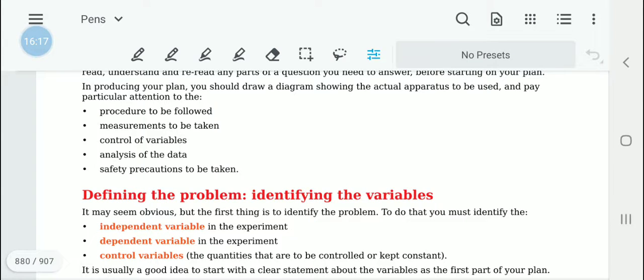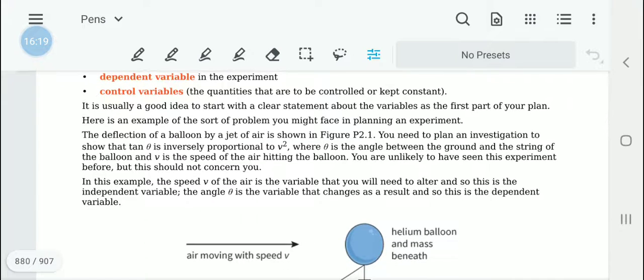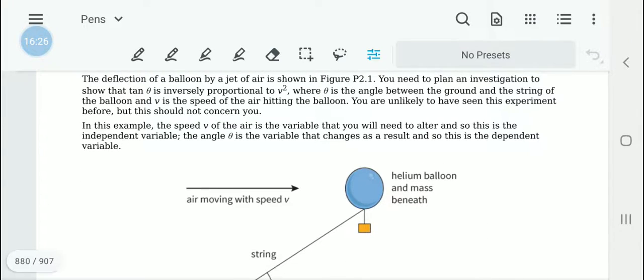Number 5, safety precautions to be taken. Leave a line and write, when the deflection of a balloon by a jet of air is to be checked.